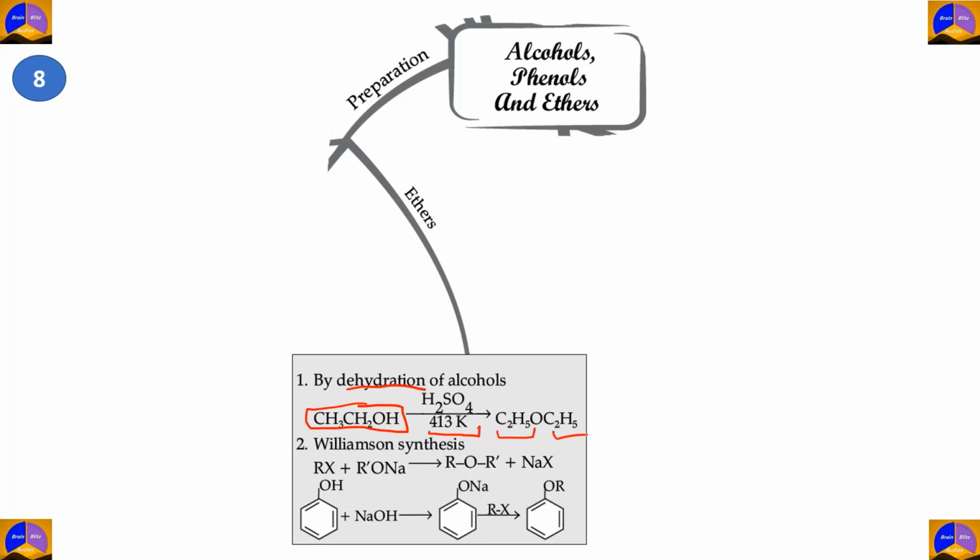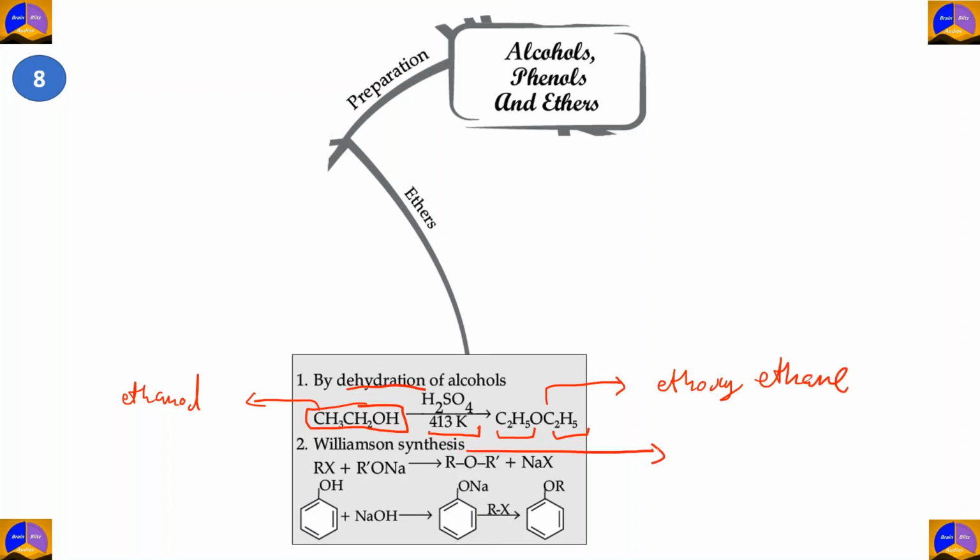So let's try to name it. So this is ethanol. Remember our earlier part about it being used to create other carbon compounds. In H2SO4 at 413 degrees Kelvin it forms C2H5OC2H5, which is ethoxyethane.